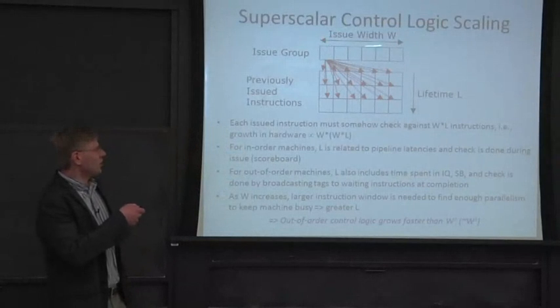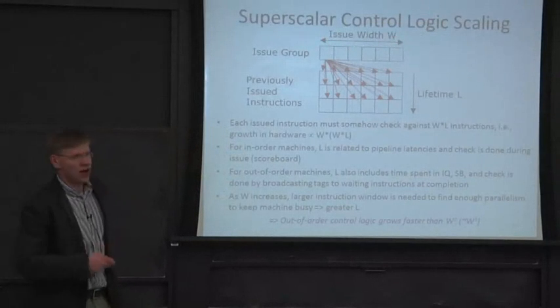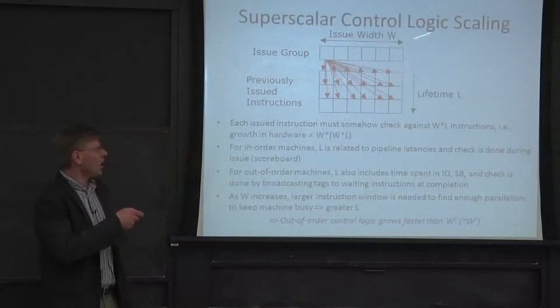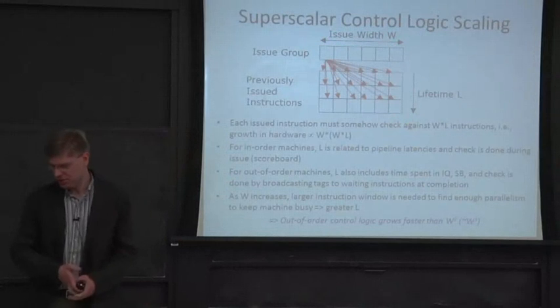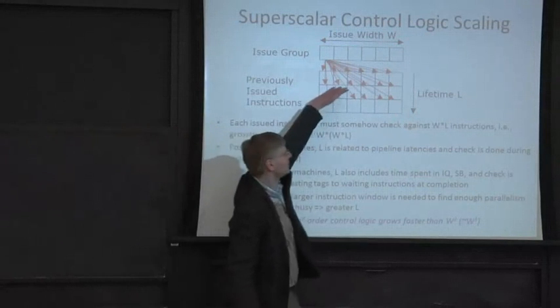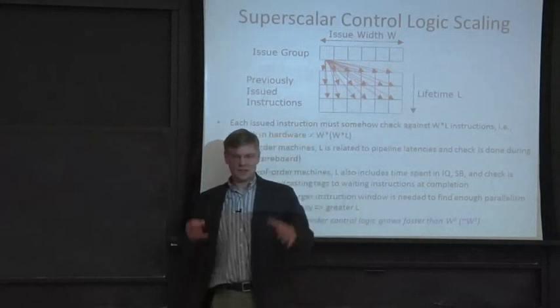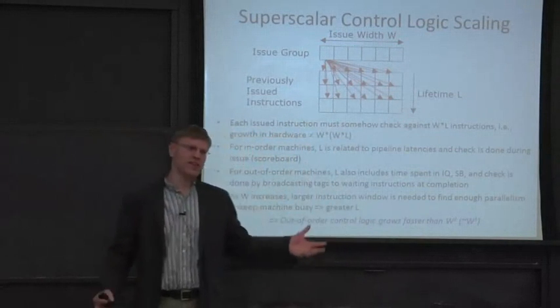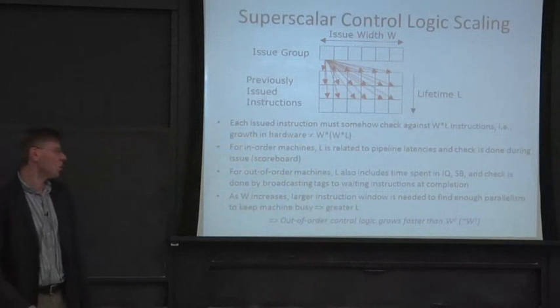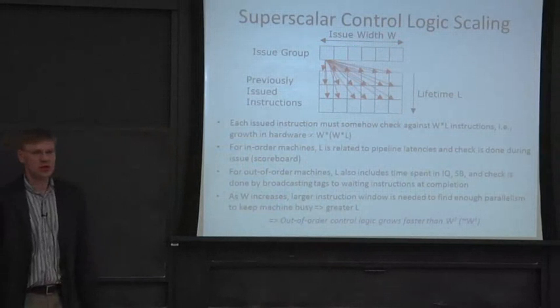So here I draw a picture where I have the issue width of a superscalar processor, and we represent that as W. And then we have the lifetime of an instruction. So that sort of gives you a matrix of things in flight in the processor. Now these may be sitting in your instruction queue.